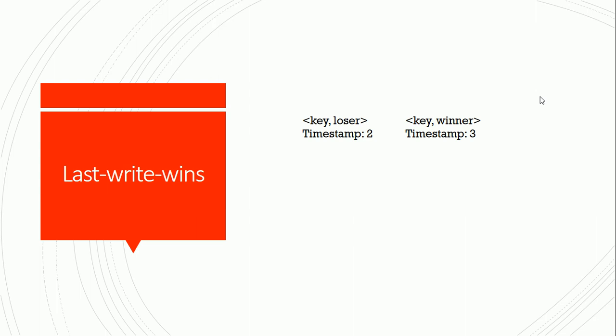In this video we use timestamp to define the order of the versions. If you have 2 different versions for the same key, the winner version is the one with the higher timestamp. For example, in this figure we have 2 versions. One of them has timestamp 3, the other has timestamp 2. So the winner is the version with timestamp 3.